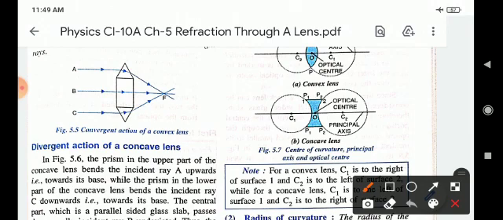We know that a ray of light incident on a prism, on refraction through it, always bends towards the base of the prism. It is the bending point.